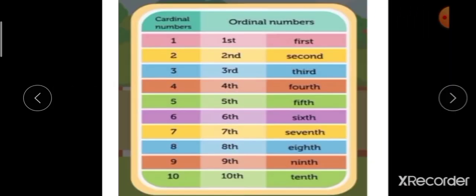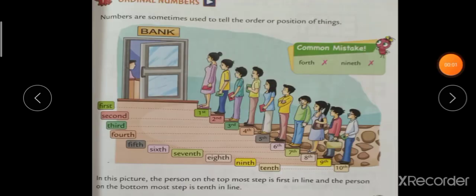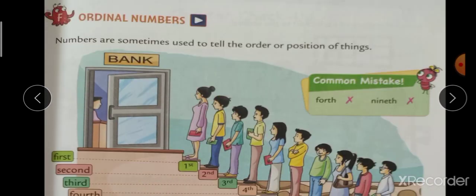Now remember, the simple 1, 2, 3 that we write are called cardinal numbers. The numbers that show the position of an object are called ordinal numbers. Children, now we see a textbook page. Here it is written, numbers are sometimes used to tell the order or position of things.